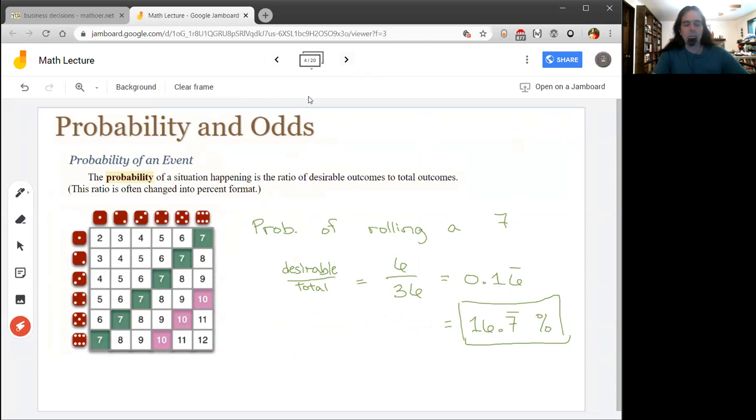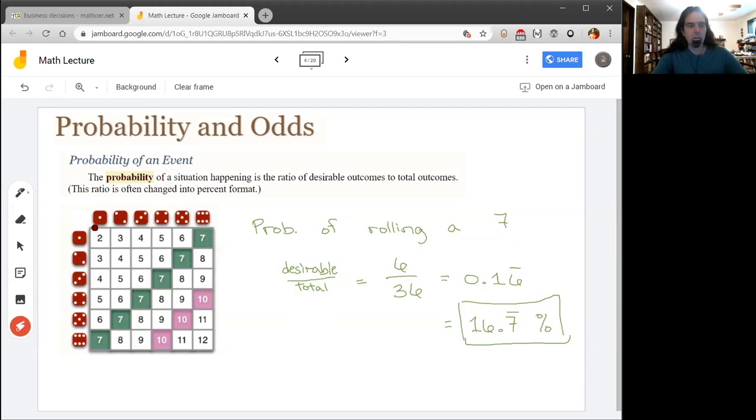Okay, so I'll go back and review. The probability is a fraction, a ratio, and it's how many things in the situation we are talking about, like sum up to 7, that's on top, and then how many things total can happen. So rolling 2 dice for a 7, there were 6 ways to get that.